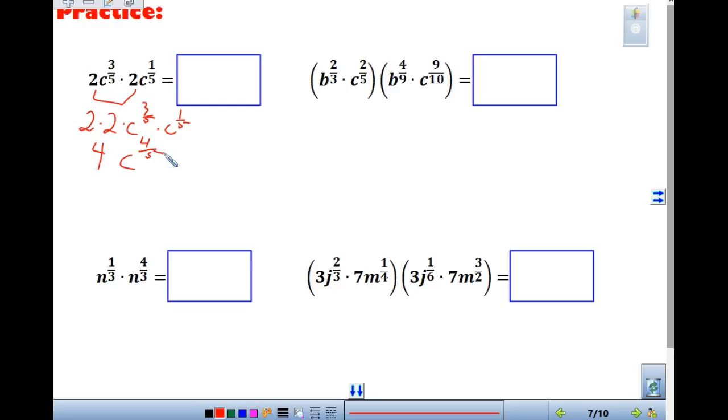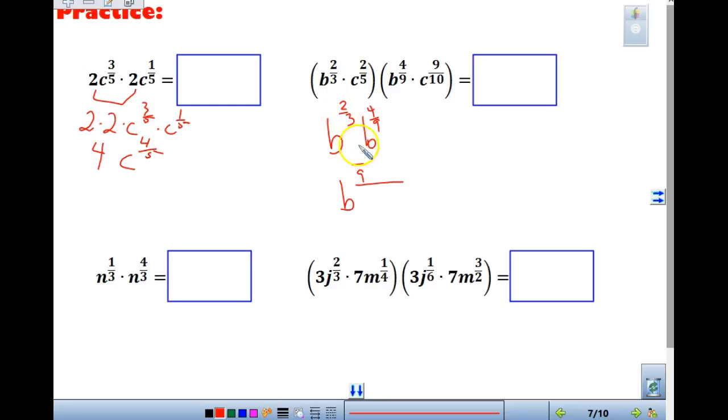Okay. Is anyone ready for the second one? No? b to the what? We're going to start with what? 2/3 and 4/9. What's my common denominator? 9. So I need to change from 2/3, I need it to be 9ths, right?